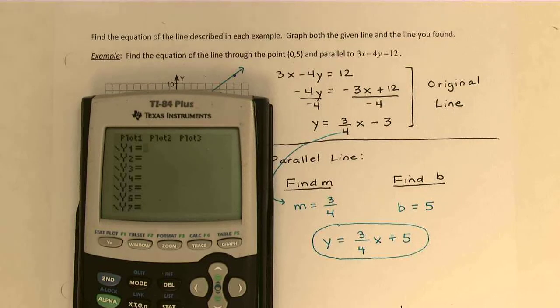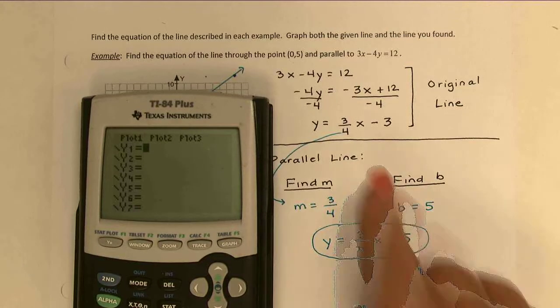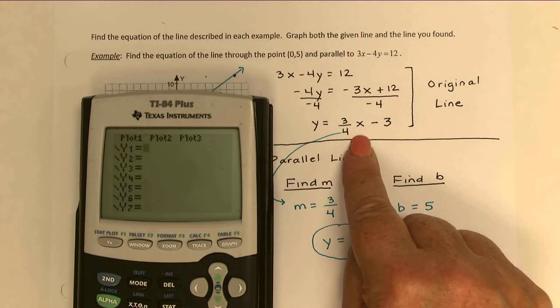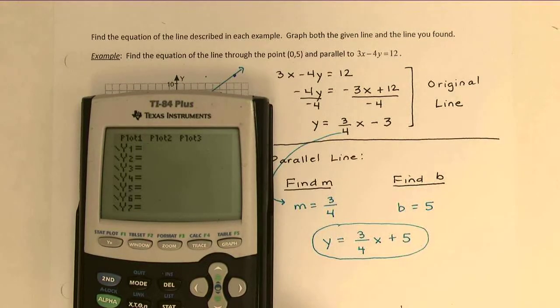Notice that you do need to have the y equals form to graph your line. So I would have y equals 3/4 x minus 3 as my original line, and then the 3/4 x plus 5.